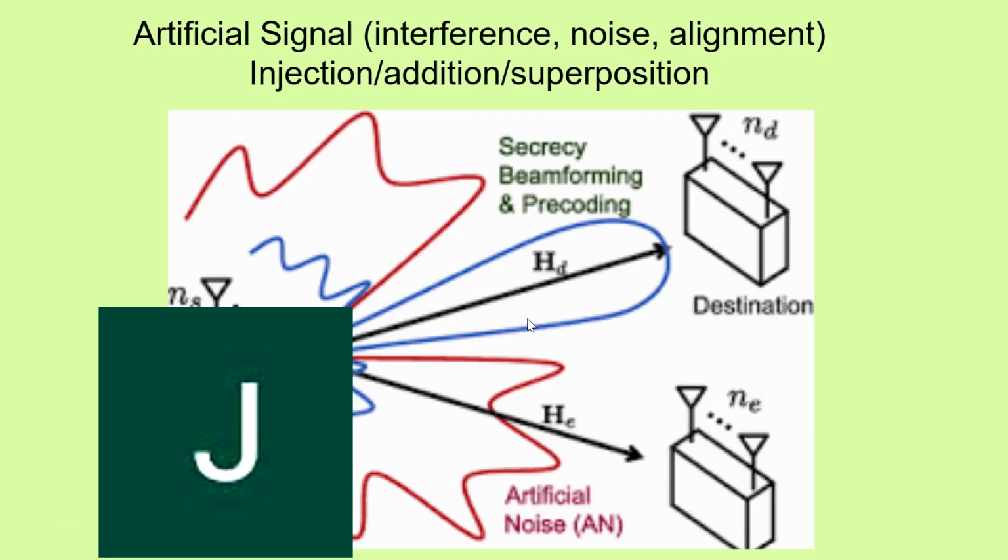This is in blue. While in the other directions, we send artificial noise. So Eve will receive sometimes part of the signal coming from these side loops with low power, along with some artificial noise. Together they will interfere with the reception at Eve, and it will prevent Eve from decoding the signal successfully.